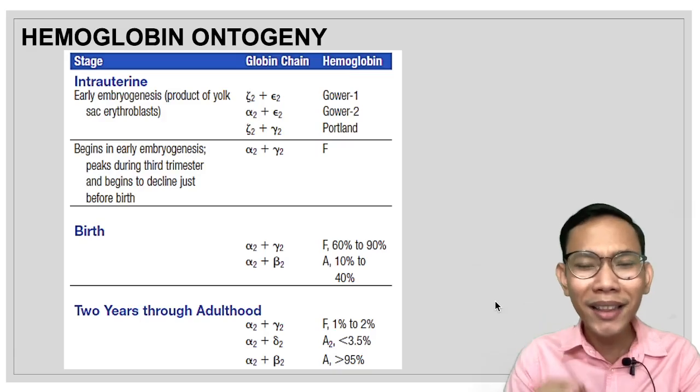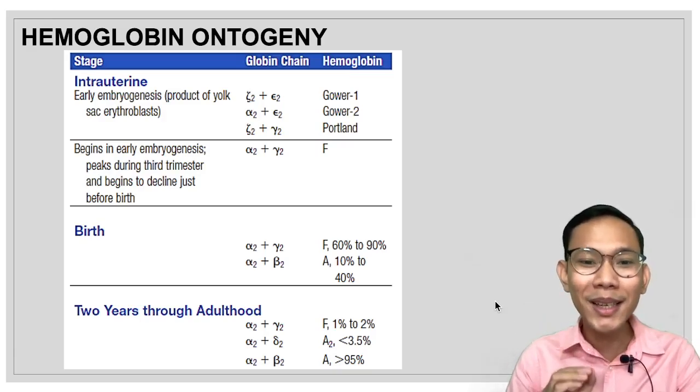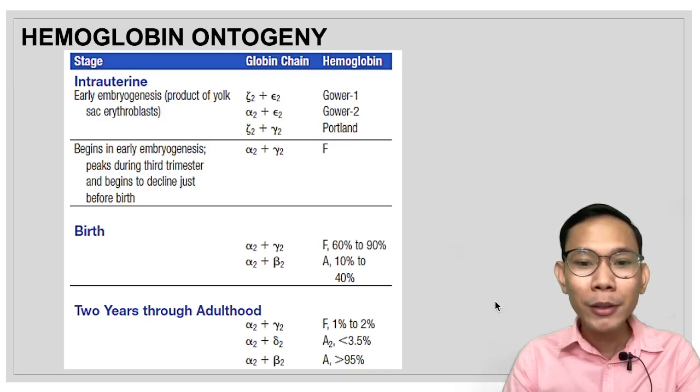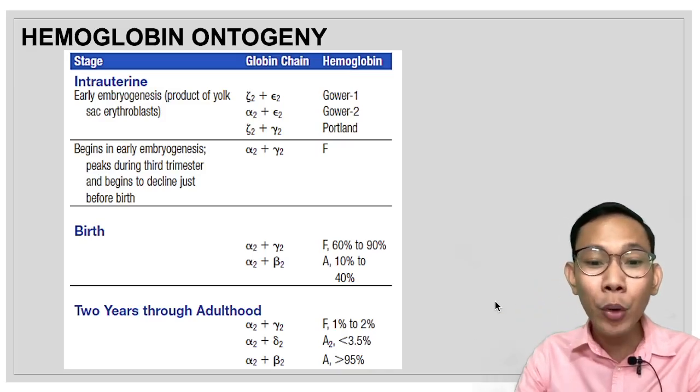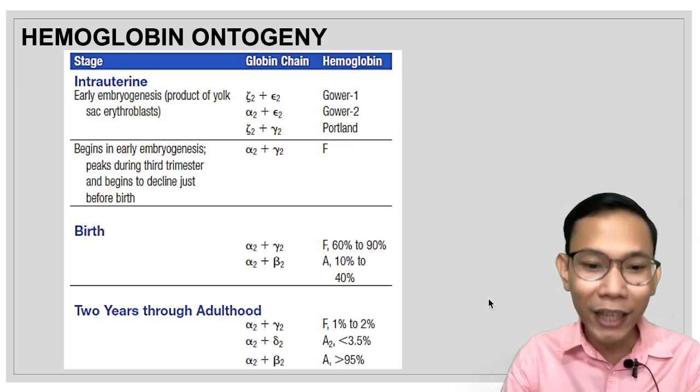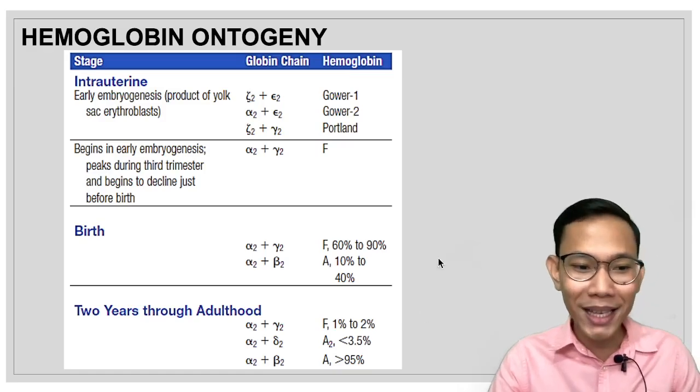Sige lang, i-discuss natin yan sa carbohydrates, but I want you to be familiar with your glycated hemoglobin or hemoglobin A1C. So, hemoglobin A1C is your adult hemoglobin na nag-undergo ng glycation process. Very good.